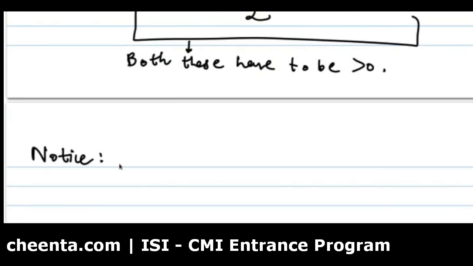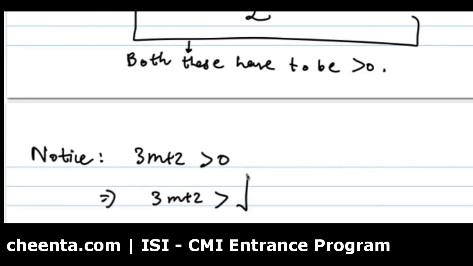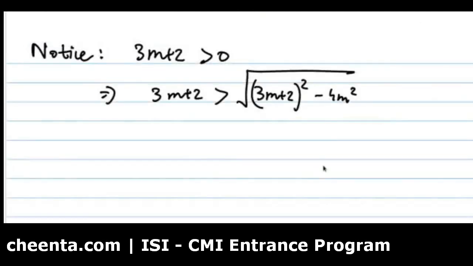So 3m plus 2 is greater than 0, greater than the square root of 3m plus 2 squared minus 4m squared. You can see this directly follows if you just square both sides.